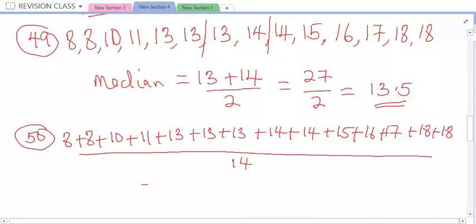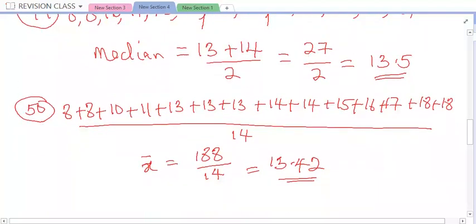So if you take the addition, you're going to have 188. Then you divide it by 14. So meaning the mean is going to be 13.42.